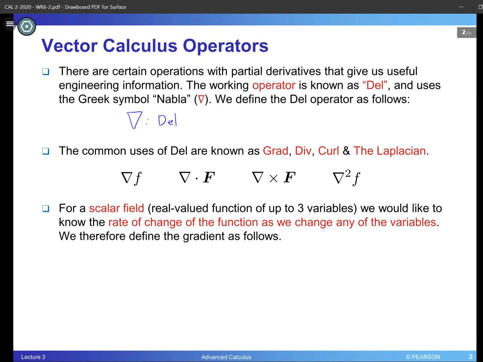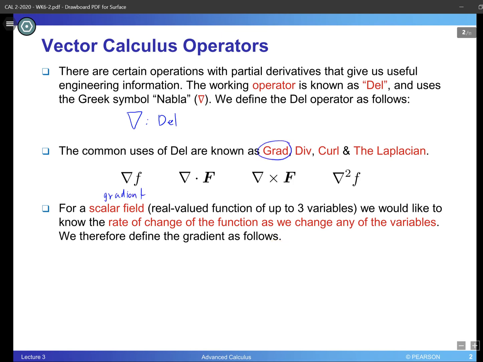We can use this on gradient. This is the first one. We can use del to find the gradient. So make a note right here, this first one is the gradient. Sometimes we just call it grad.